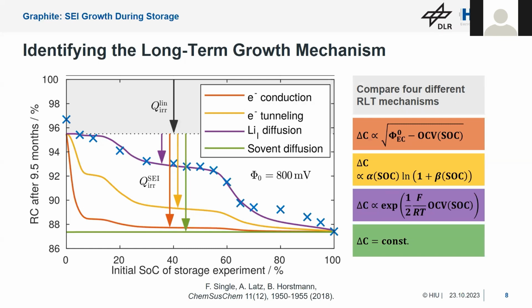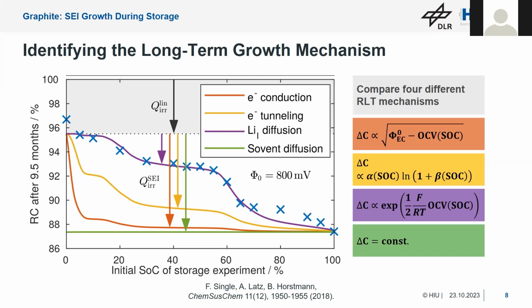And the experiment I discuss is an experiment done in Munich in the Jossen group. What they've done is calendar aging at elevated temperatures for 9.5 months, and they did so at different states of charge.